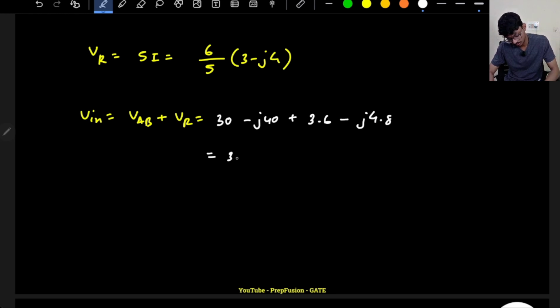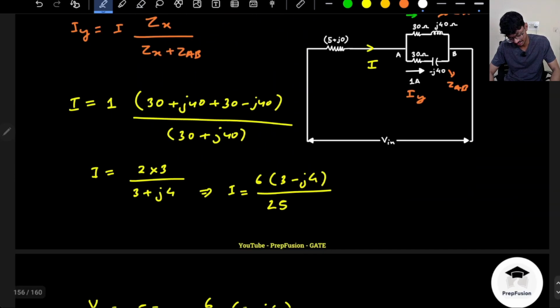So it comes out to be 33.6 minus J44.8, approximately the same. The magnitude is coming out to be 56 volts and the angle is minus 53.13, just like the previous one.